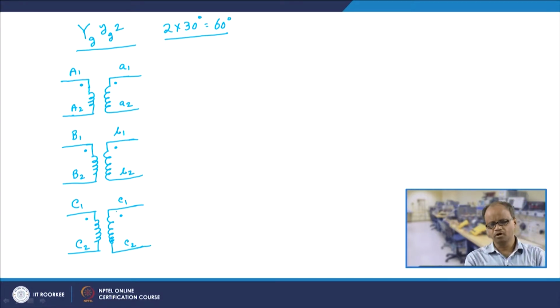So, we have not made any connection, we have simply collected these 3 transformers and these 6 windings. Now, we have to make a connection. For that, let us first draw the phasor diagram. So, phasor diagram would be something like this. First is this and this. This is grounded.